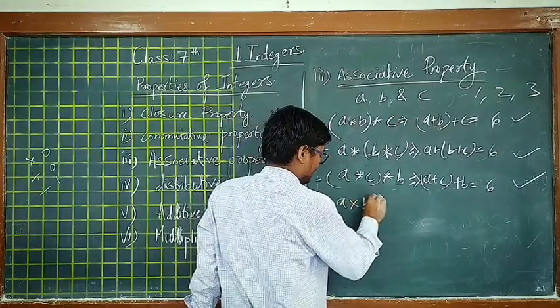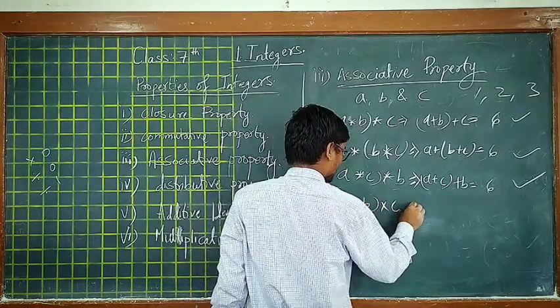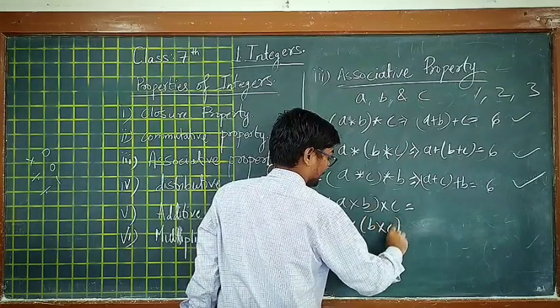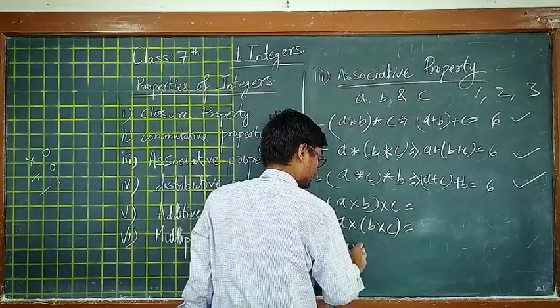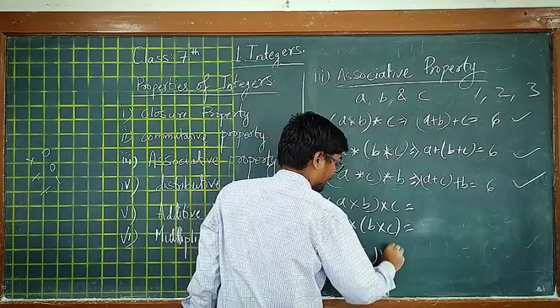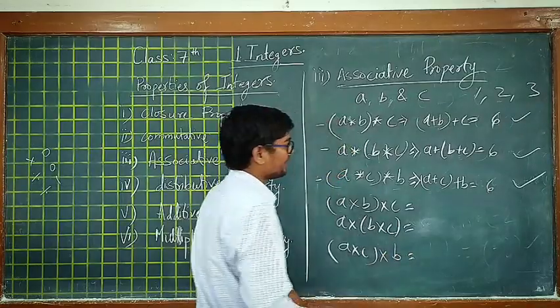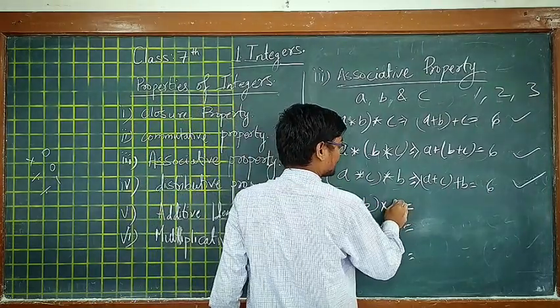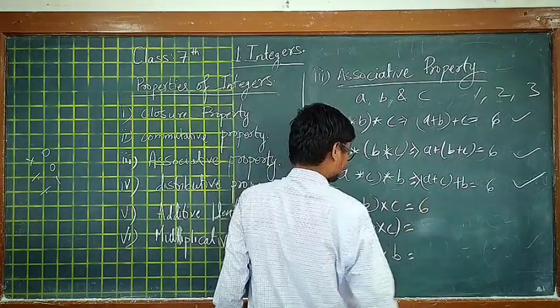A into b into c, a into b into c, a into c into b. A into b is 1 into 2, 2 into c, c is 3, 2 into 3 is 6.